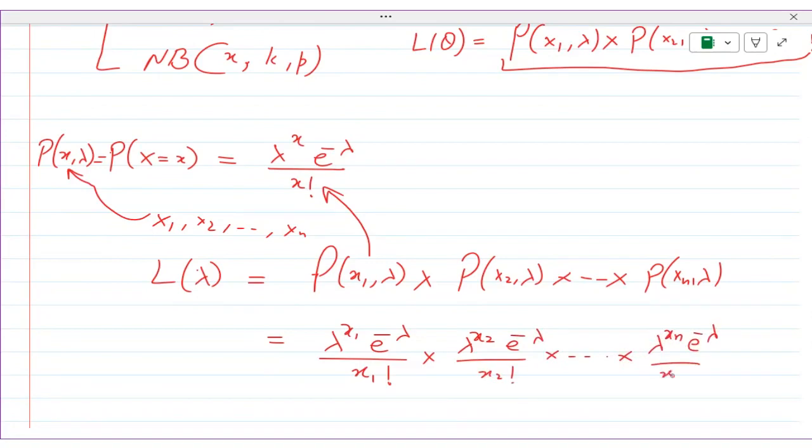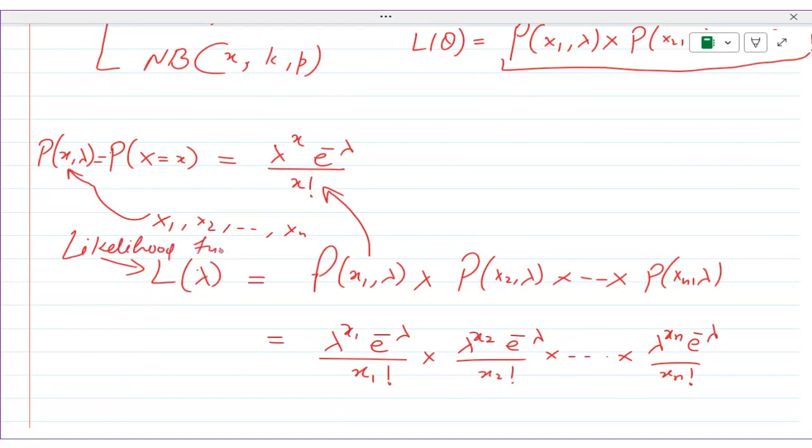So what we are basically doing is putting the sample values in the probability function and multiplying as many times as there are sample values, and that we call the likelihood function. So this is the likelihood function of lambda.